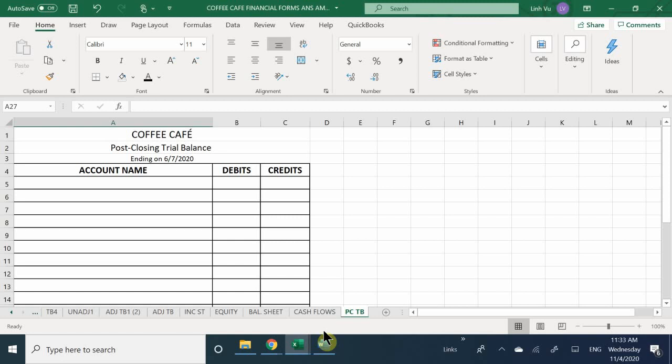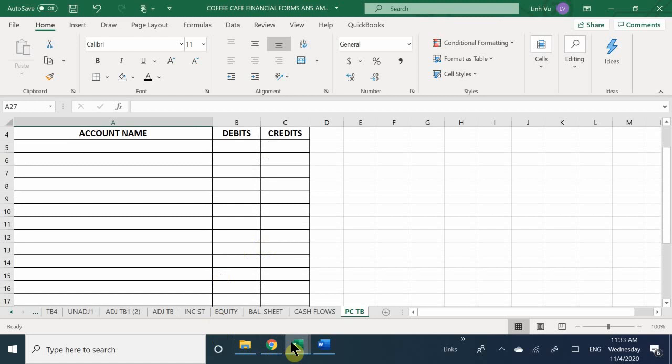All right. So again, I will go ahead and give you a little talk before it. And what we're going to do is we'll finish it up on Thursday. And we'll do a quick review on Thursday as well. Okay? So with the post-closing trial balance, it's all about understanding what this account is. So we're going to be closing out all of our temporary accounts, meaning all of our revenues and all of our expenses.